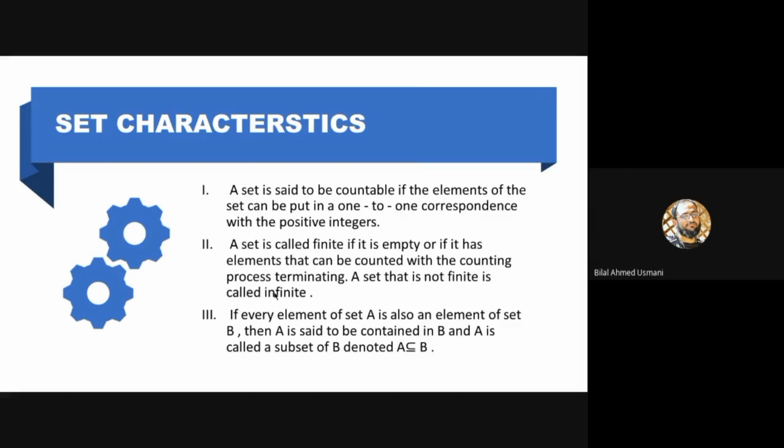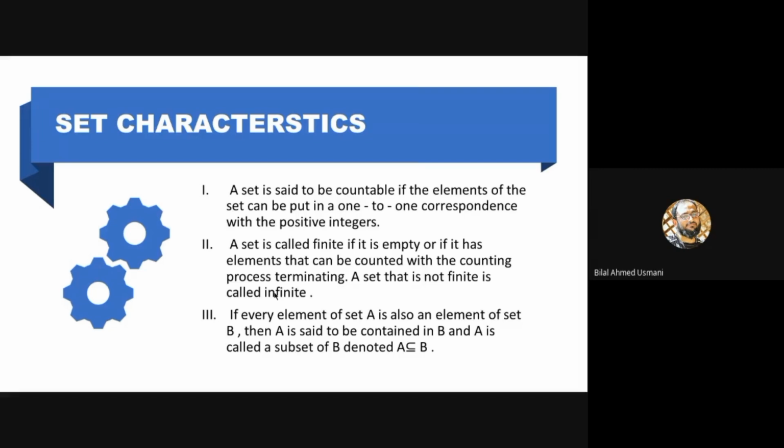So I have three objects. How do I say that they are three? There is a natural number line in my head that counts the cloth hanger as number one, the fan as number two, and the tube light or the bulb as number three. So there is a one-to-one correspondence between the objects you are experiencing and a number line which is built in your head. That's how we do counting.